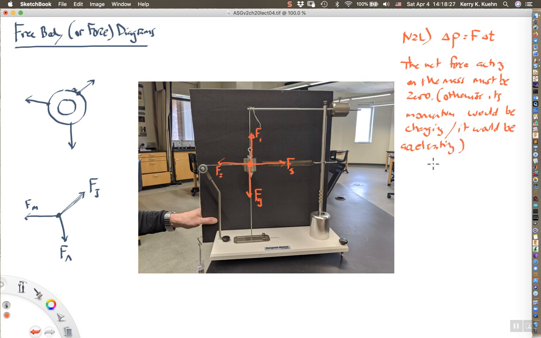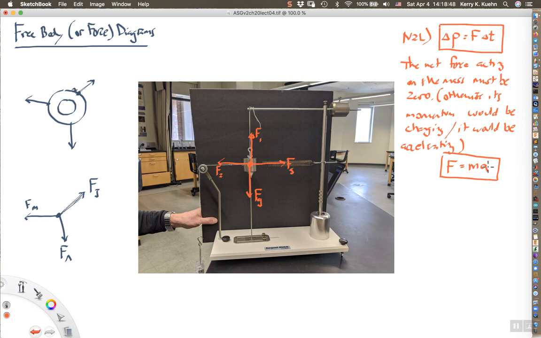Perhaps that's more obvious from writing Newton's second law in a slightly different way. We'll come back to this later, so if this is new to you, don't sweat it. Force equals mass times acceleration. These two ways of writing Newton's second law are actually equivalent, as I mentioned in a previous lecture, and I'll come back and explain how these are related shortly.